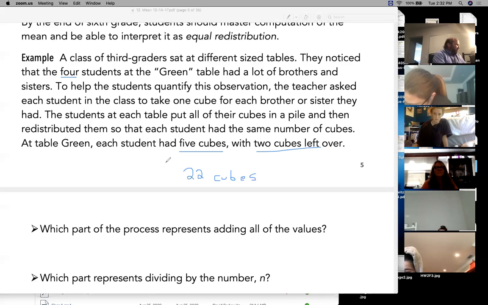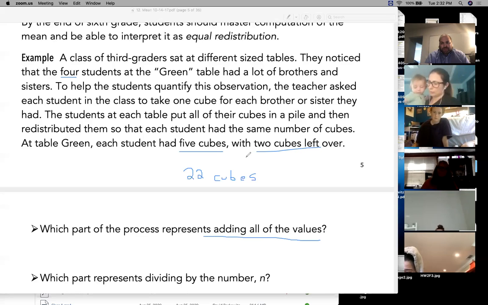So which part of this process represents that portion of redistributing? Adding all the values. That's put all their cubes in a pile.